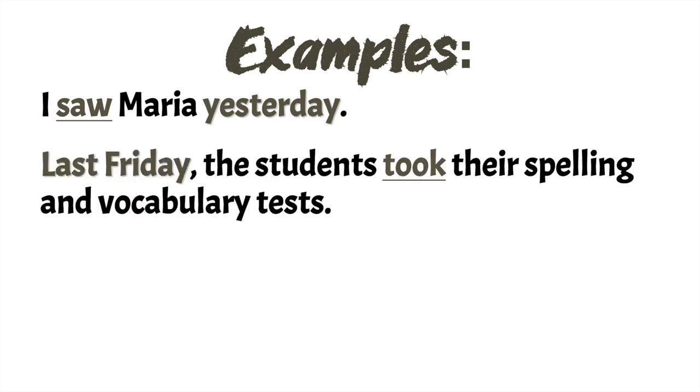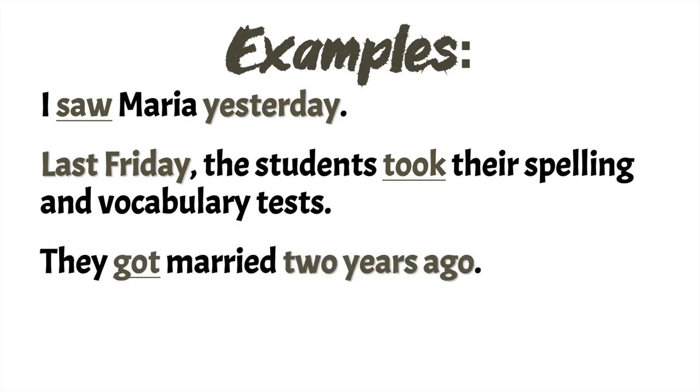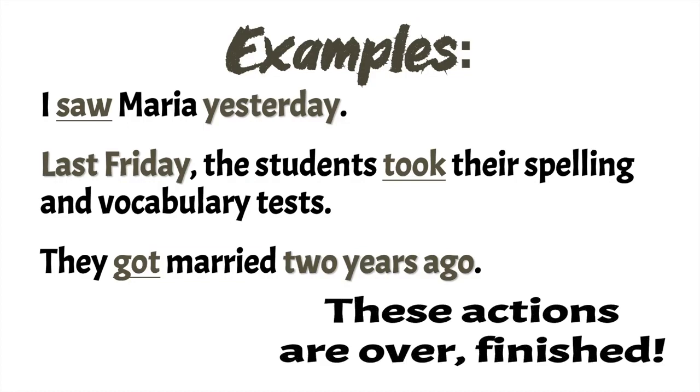Last Friday, the students took their spelling and vocabulary tests. So took is the irregular past of the verb to take. They got married 2 years ago. Got is the irregular past of the verb get. These actions are over.